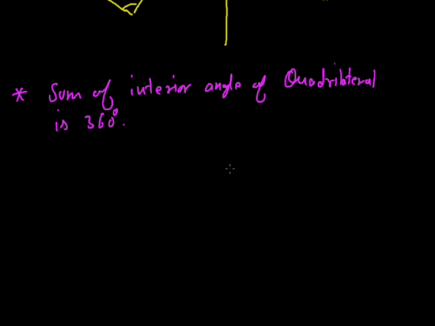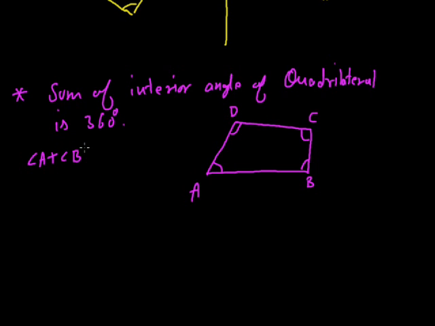It means, let's say if we have a quadrilateral ABCD, then the sum of the interior angles, that is angle A, angle B, angle C, and angle D, is always equal to 360 degrees. That is, angle A plus angle B plus angle C plus angle D equals 360 degrees.